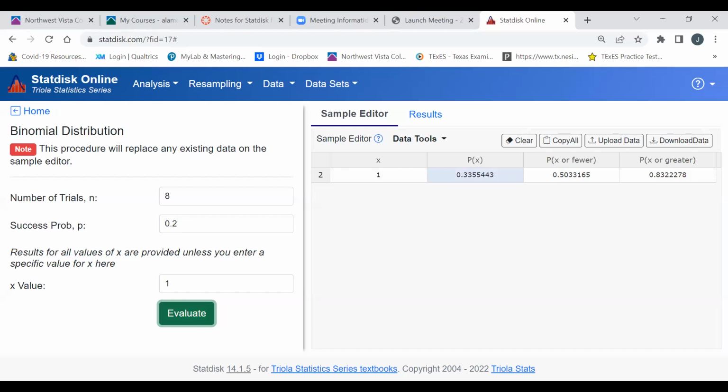Is it this one, or this one? That is correct. It is the third. At least is the last column. And so at least 1 is going to equal 0.832.